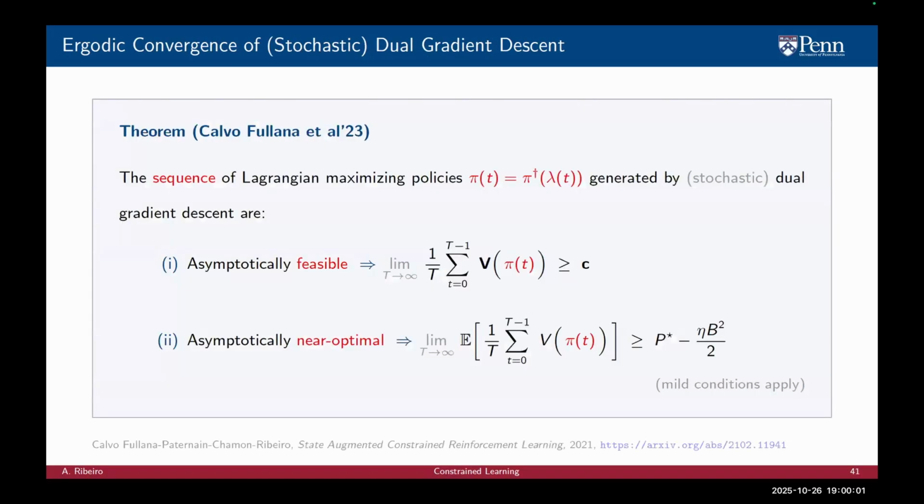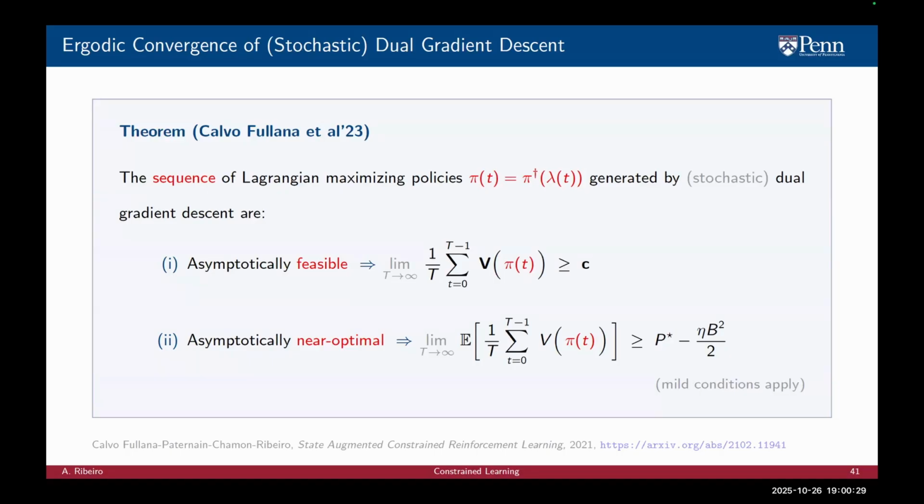And if this converges to lambda star, you should expect a theorem like this one to hold. This is what we call the ergodic convergence of a stochastic dual gradient descent. I hope that Yorgo smiles here because I've been doing this for 22 years. I started doing this kind of thing in Minnesota. Ergodic convergence is the thing that I've been doing since my PhD years.